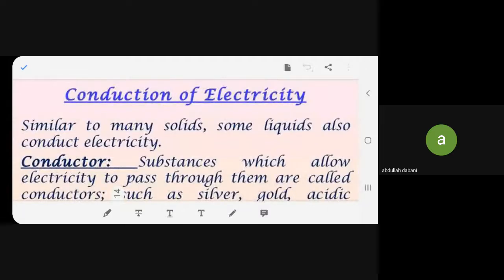Conduction of electricity. Similar to many solids, some liquids also conduct electricity.